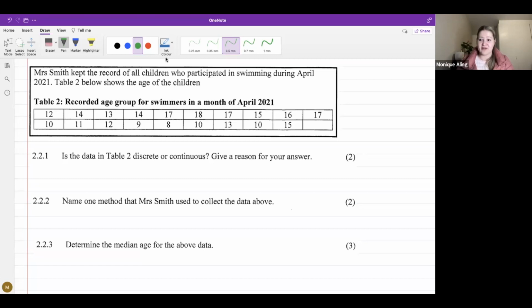Anyone else want to give it a try? Tando, yes. Let's quickly unmute you. Tando, have you seen a message pop up on your screen to unmute?